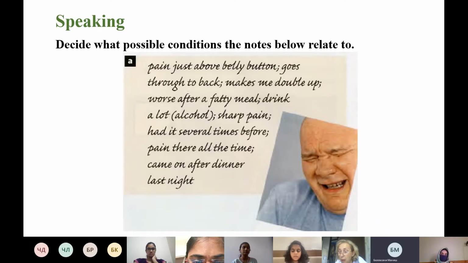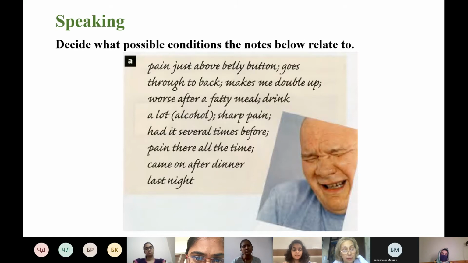Last night. Okay, so here are the symptoms, and what is the condition? What kind of condition can it refer to? Any ideas? So this is above belly button, makes him double up after.